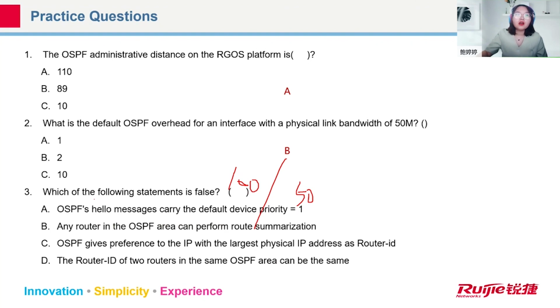And option 3, which of the following statements is false? Which are false?